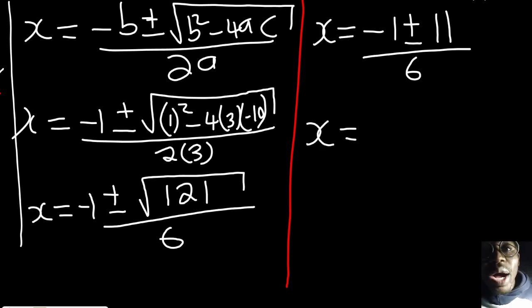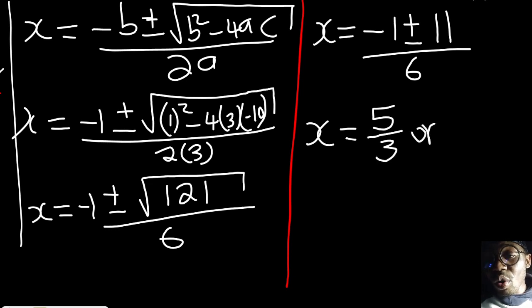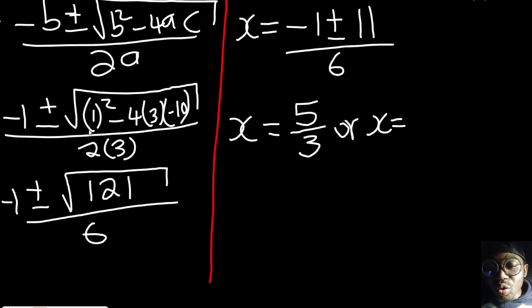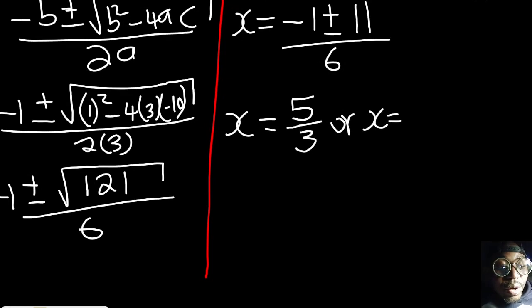So negative 1 plus, we are going to use the plus first. Forget about the minus, now focus on the plus. Negative 1 plus 11 is 10, divided by 6. So we reduce that to 5 over 3, or x is equal to 5/3. All right, we used the plus.